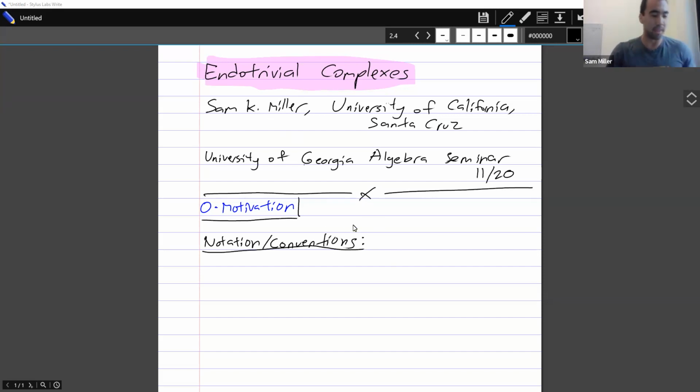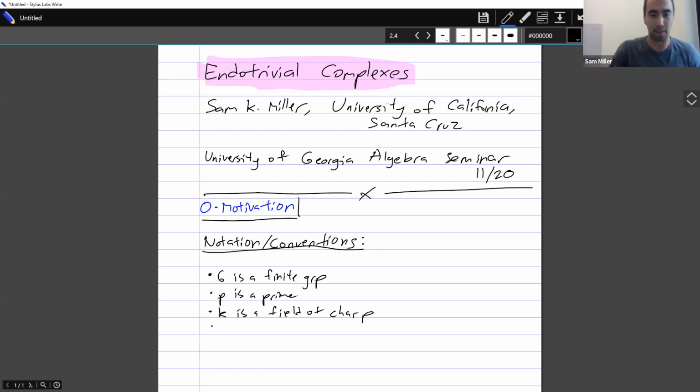Let's begin. First, let's start with some notation conventions. For this talk, G is a finite group. P is a prime, and little k is a field of characteristic P. Note that we're not making any assumptions about k being large enough.